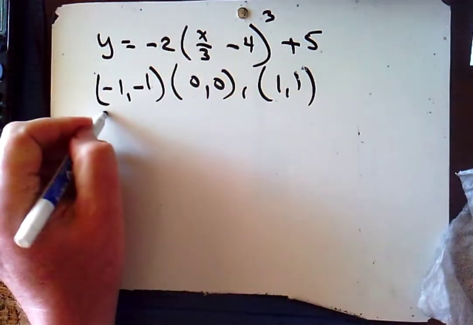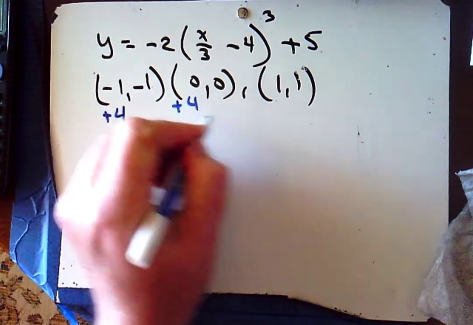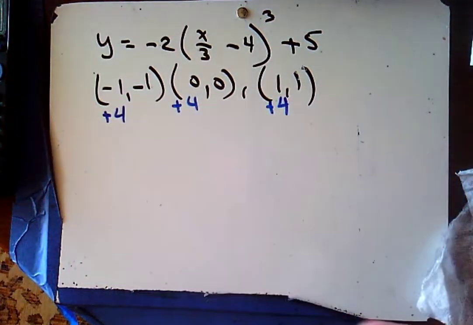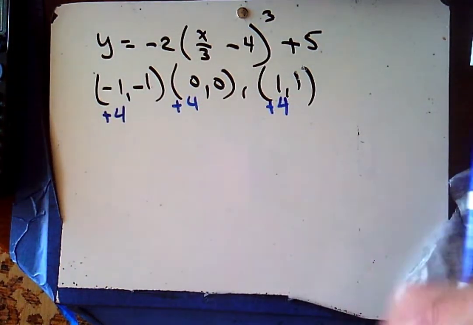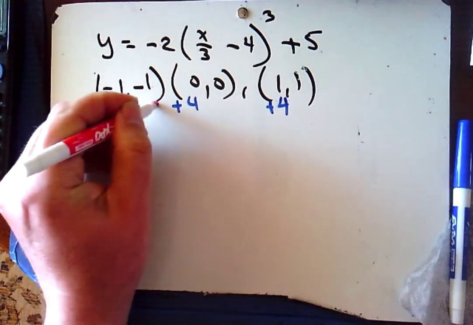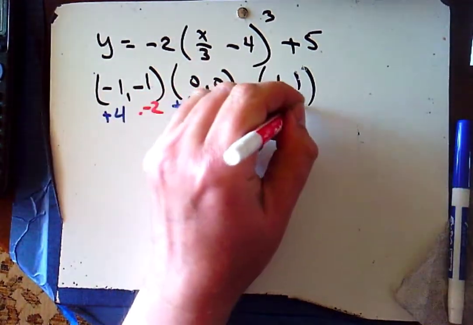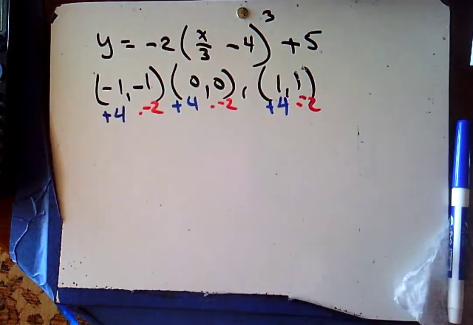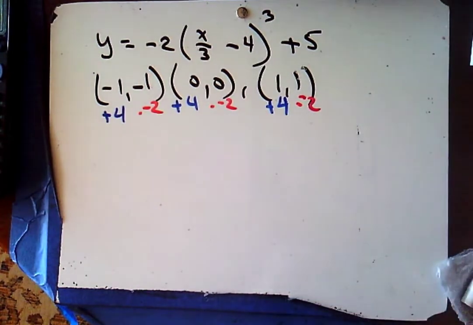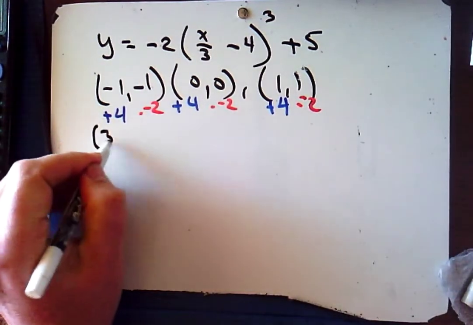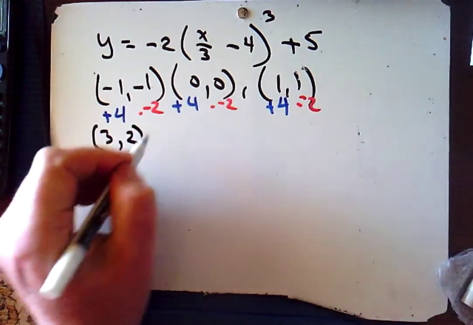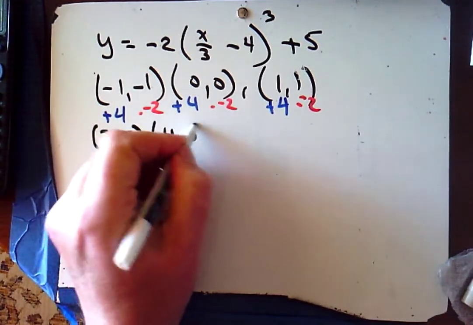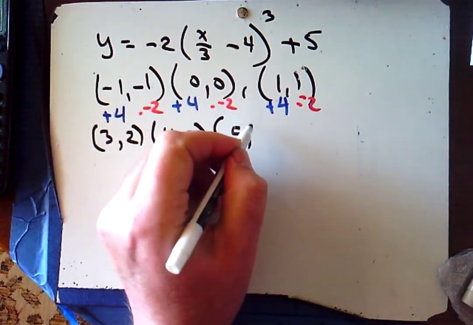So let's get on with that. Plus 4 to all the x's and multiplying the y's by -2. So my new points, or my intermediate points, will be 3, 2, 4, 0, 5, -2.